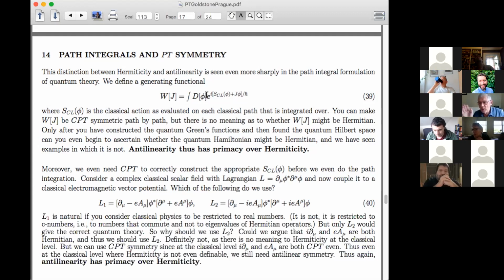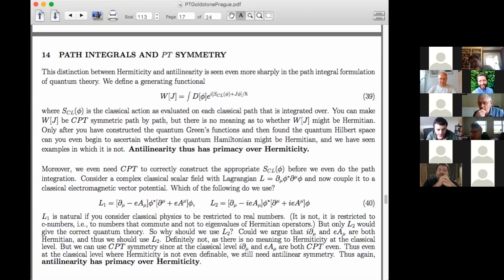Okay, now Joshua, let me just try to clarify what is being said here. You can write down a functional integral, yes, like the one in 39. And the key question is, what is meant by d phi? Exactly.